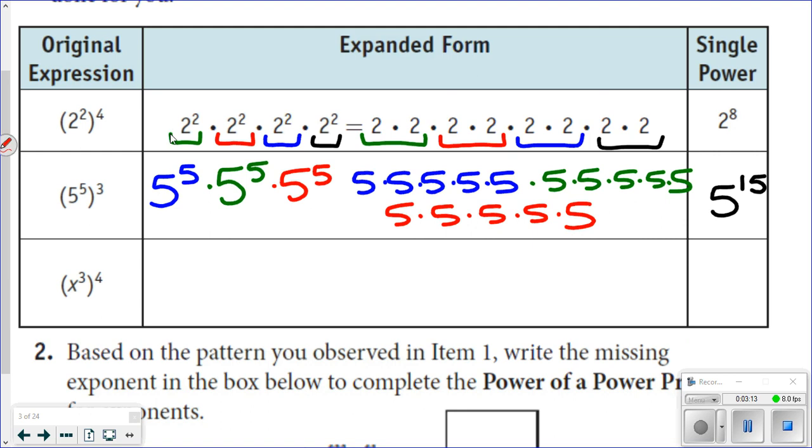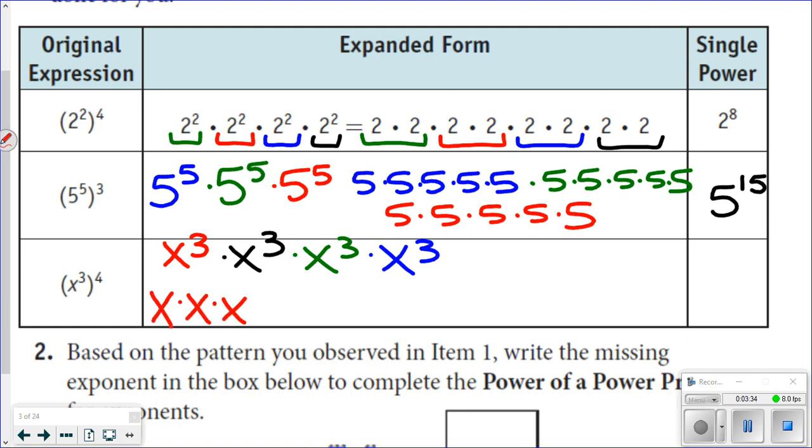And the last column, I have x cubed raised to the 4th power. So x cubed multiplied by itself 4 times. Now if I expand those out, it's x times x times x.